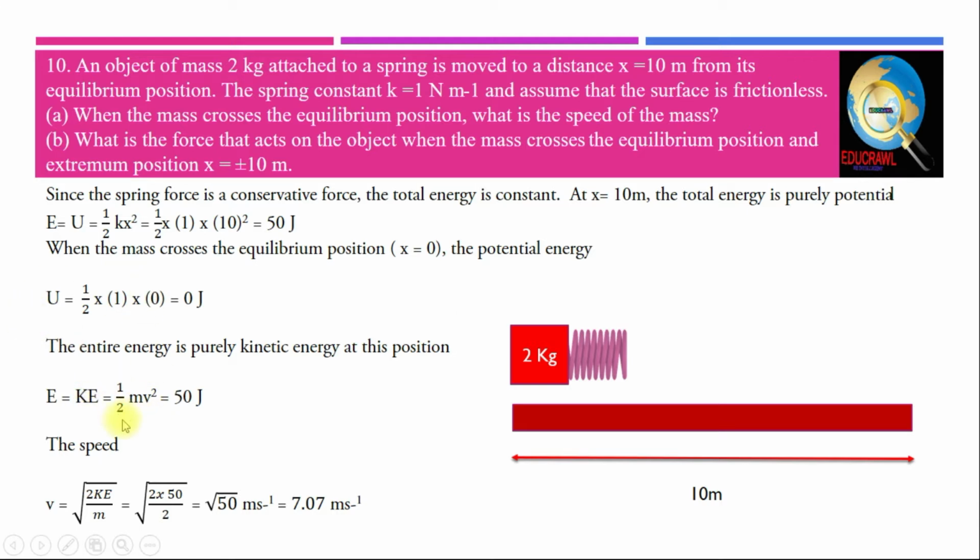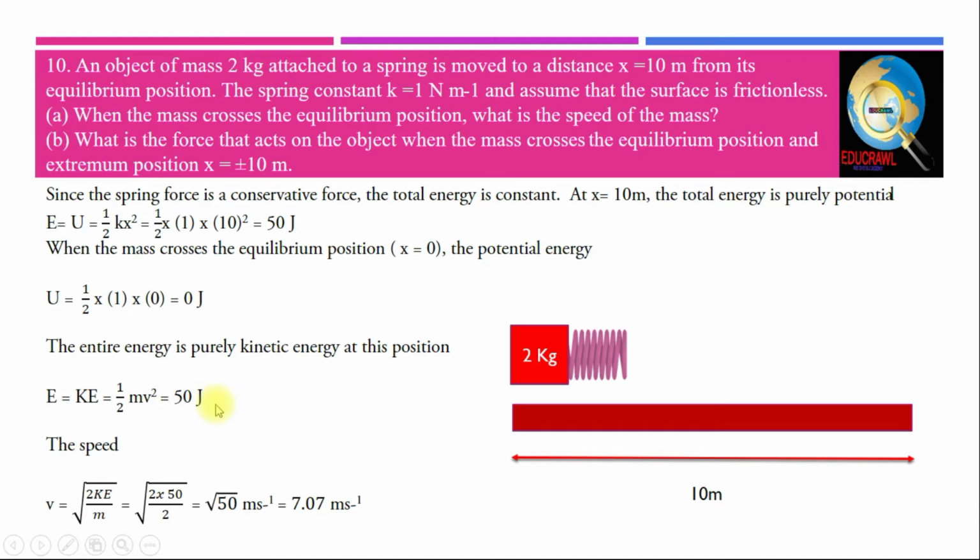Kinetic energy is half mv squared, which will be equal to 50 joule, because the total energy we have found is 50 joule. Since potential energy is 0, kinetic energy only should be there. We don't know the value of kinetic energy, but the sum of potential and kinetic energy should be equal to the total energy. Here potential energy is 0, total energy is given as 50 joule. So the kinetic energy should be equal to 50 joule.